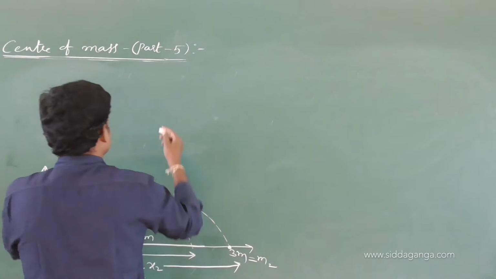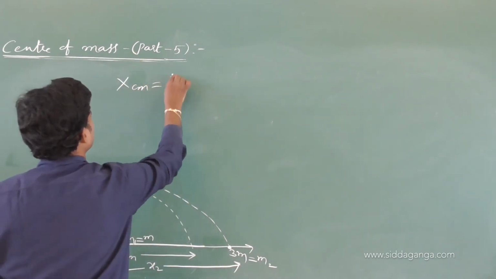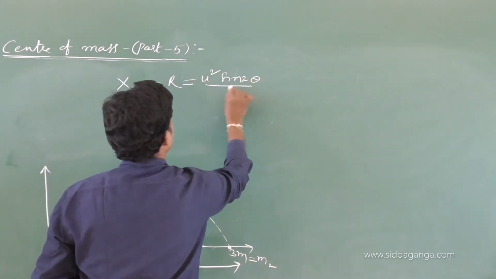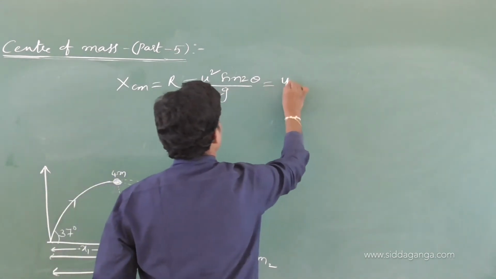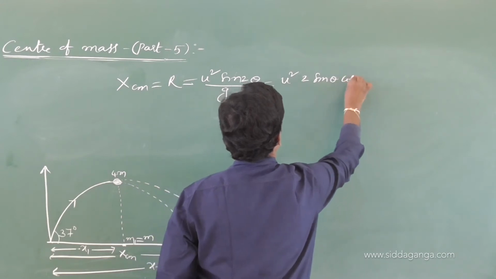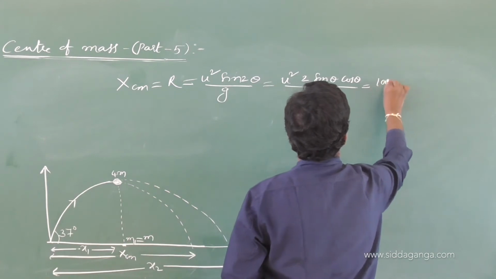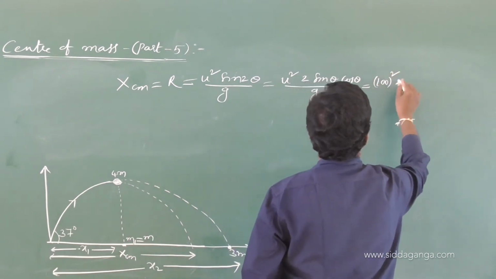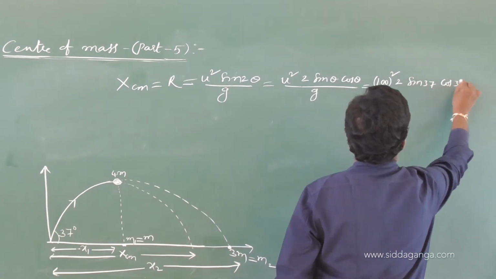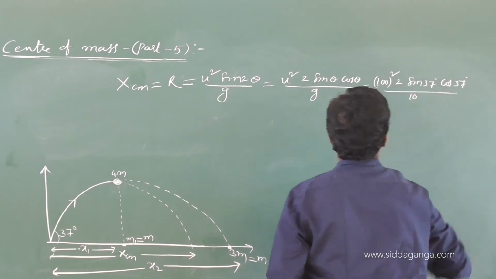So Xcm is equal to the range, u square 2 sine theta cos theta by g. With u as 100, sine 37, cos 37, and g as 10.